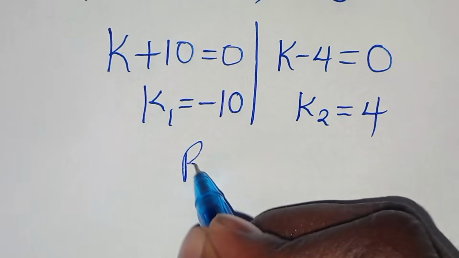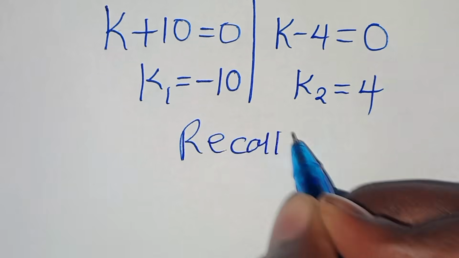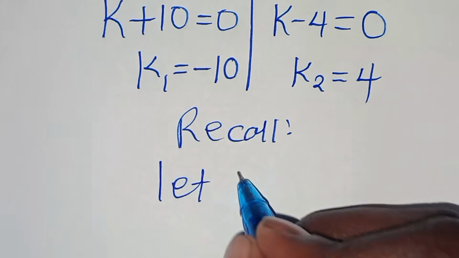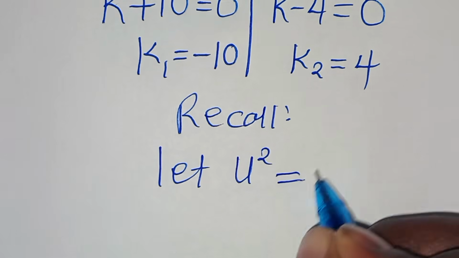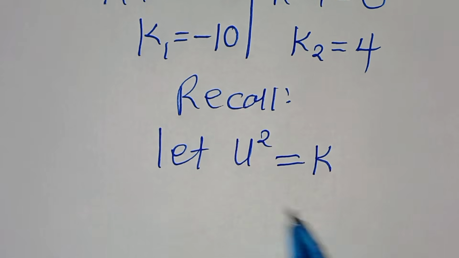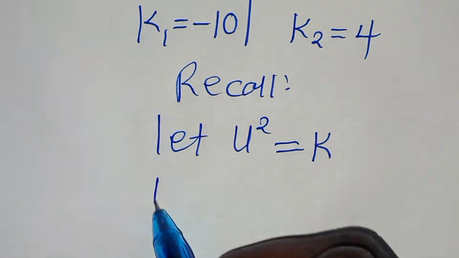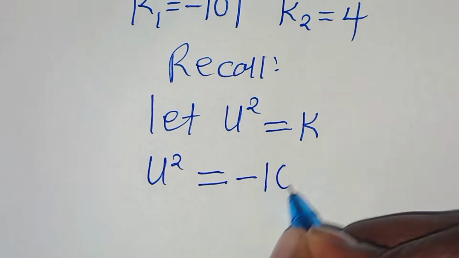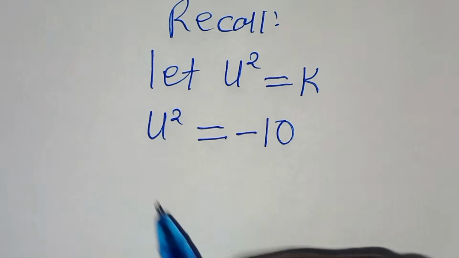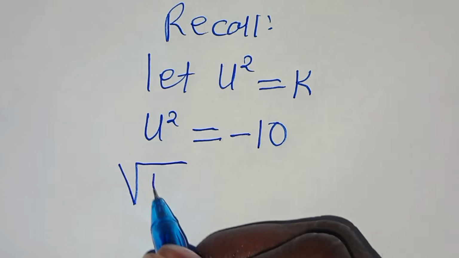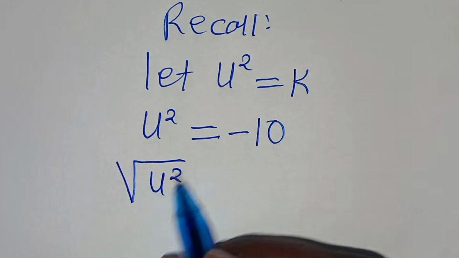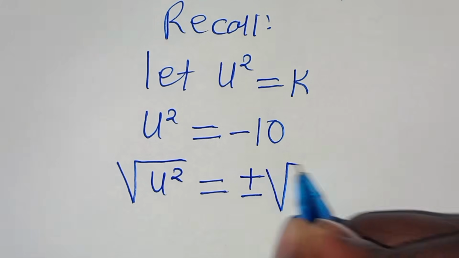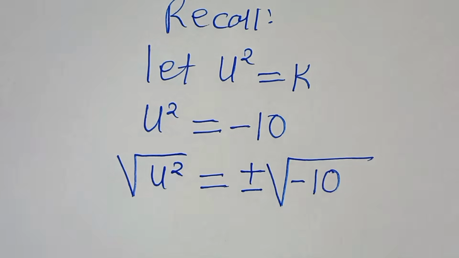Now, if you recall, we have seen that we let u to the power of 2 be equal to k. So let's start with k1. So this means u to the power of 2. This is equal to negative 10. To solve for u, let's introduce a square root on both sides. We have the square root of u squared. This is equal to plus or minus the square root of negative 10.